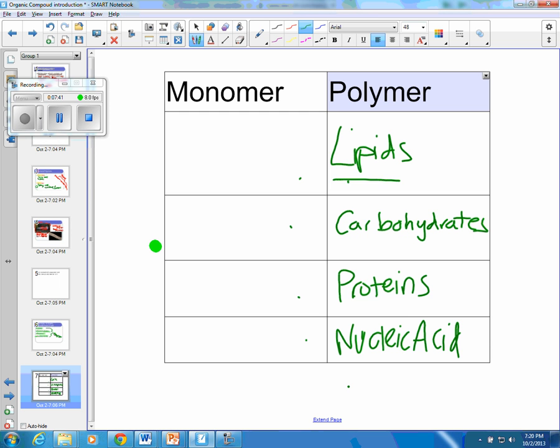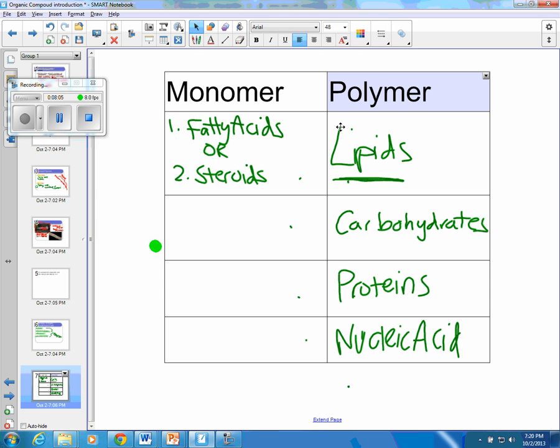Right now, we're learning about lipids. So let's just do the monomer for lipids. And there's 2 monomers. The first one is fatty acids, okay? Or they're made up of steroids. And we will fill out the rest of the boxes. Remember to write your Q column and to do your summary.